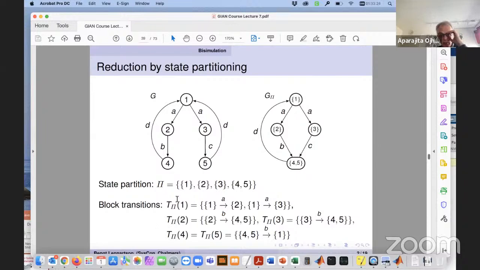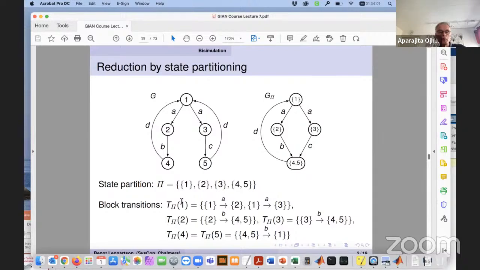From the beginning you start with these states here, and the assumption is that your partitioning includes all states. You just have one big state here. Based on that, we ask ourselves what kind of division we need to do to still preserve that the block transitions are the same.